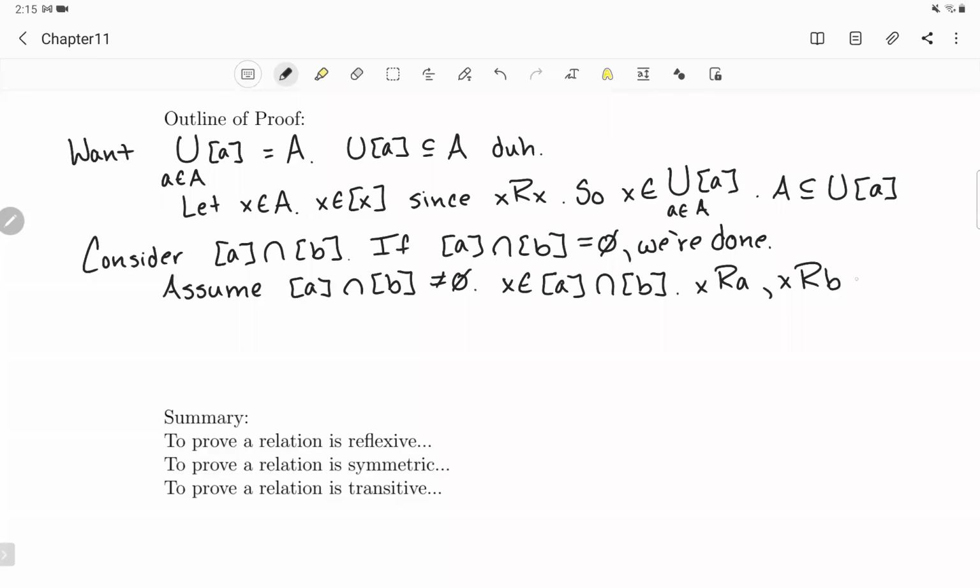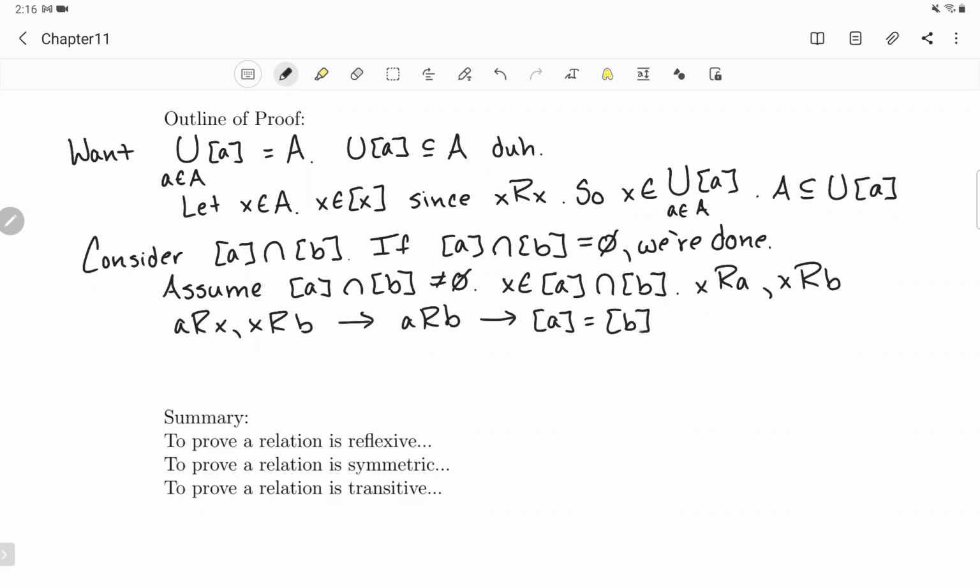So what does transitivity give? Well, use symmetry, so a is related to x, x is related to b, and we then use transitivity to get a related to b. Look at the top of the page. What did we prove? a related to b means equivalence classes are equal.